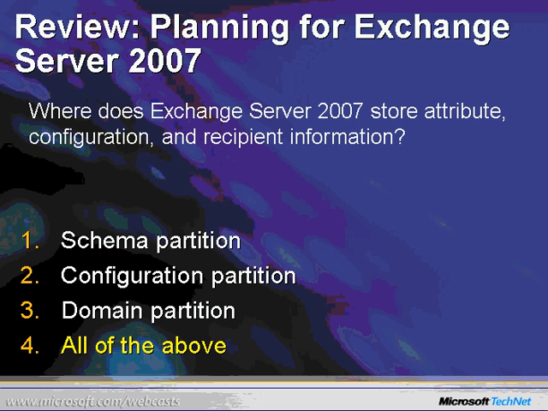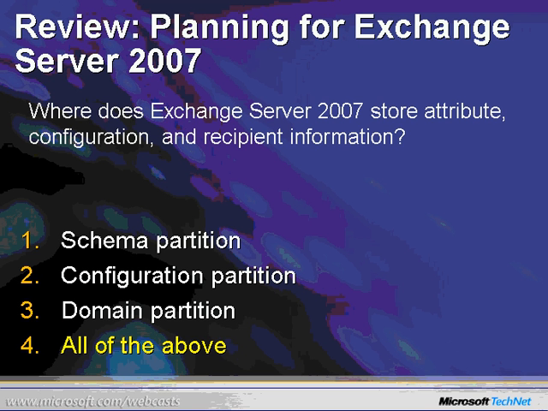When you look at the planning and you say, okay, where in AD does Exchange 2007 store all of its information? This was very similar to what Exchange 2003 and 2000 did. It's going to store information in your AD partitions. The schema partition has all the object classifications, the attributes that we can store.